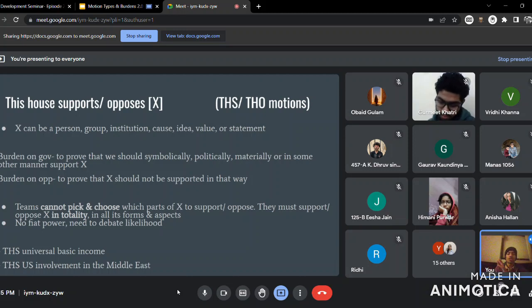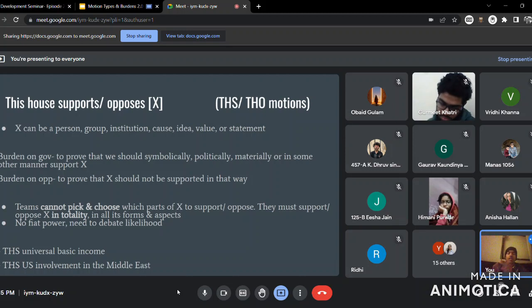Gov cannot say that this will happen for sure or that we are saying that this will happen. This could be in a policy motion where there was a certain kind of involvement that this policy entailed, but it's a supports motion. So you don't have fiat to say that US involvement will happen in a particular way.